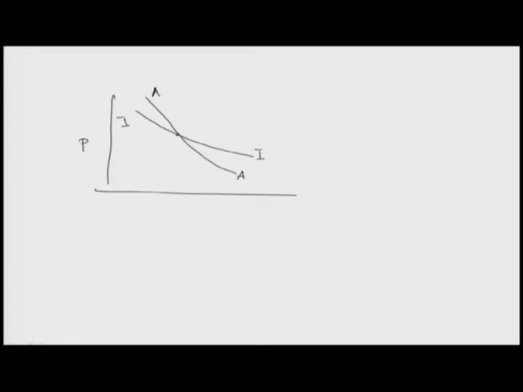Let us call this point of intersection O, which has coordinates P naught, V naught. Now, let us consider an expansion process. That means, from V naught I go to some V 2, which is here. Let us say this is my V 2.